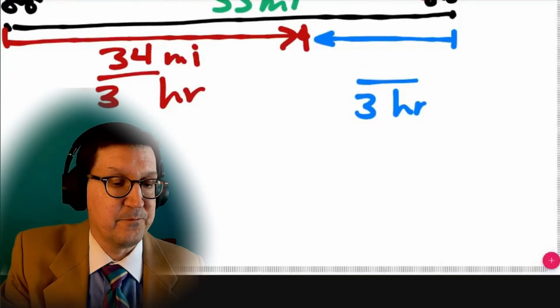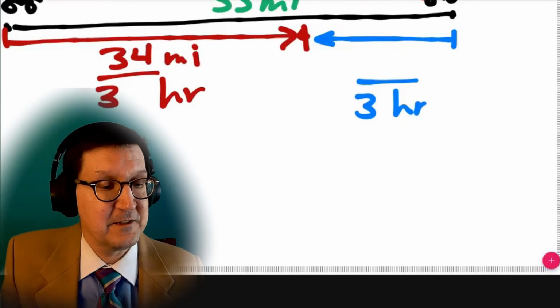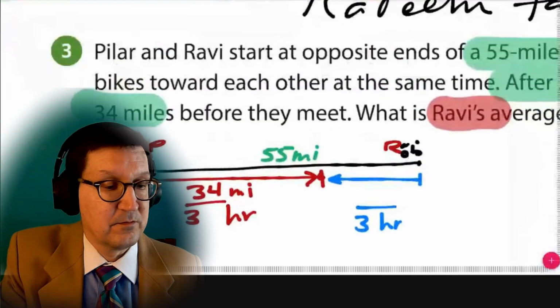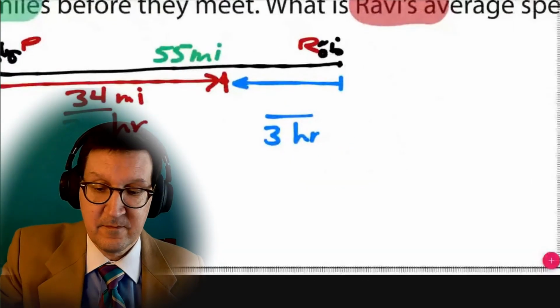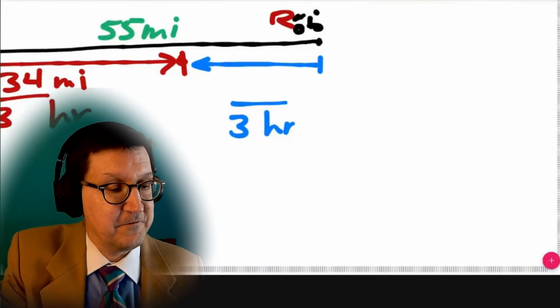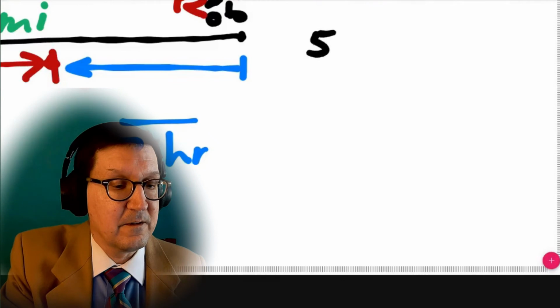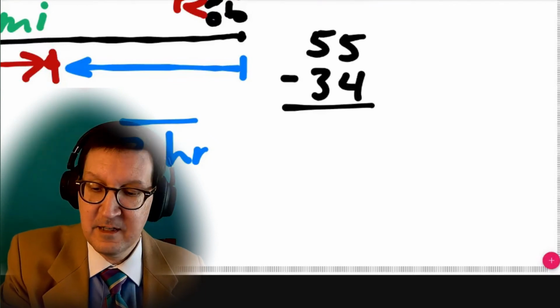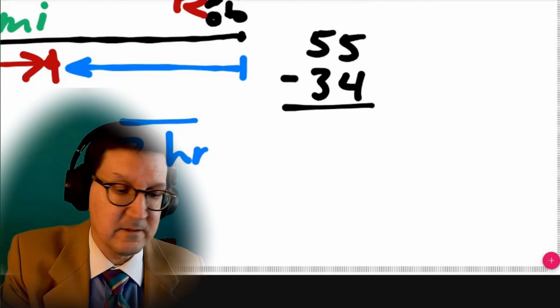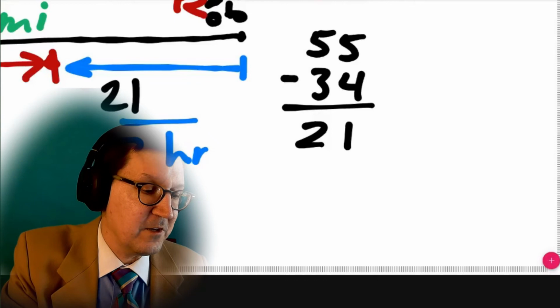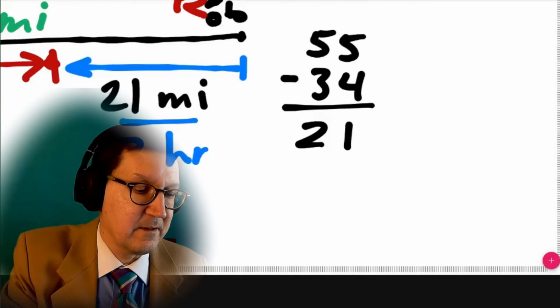Well, if we went 55 miles altogether, and Pilar went 34 miles, then Ravi went 55 minus 34, right? So 55 minus 34 is what? 21. So he went 21 miles in 3 hours.